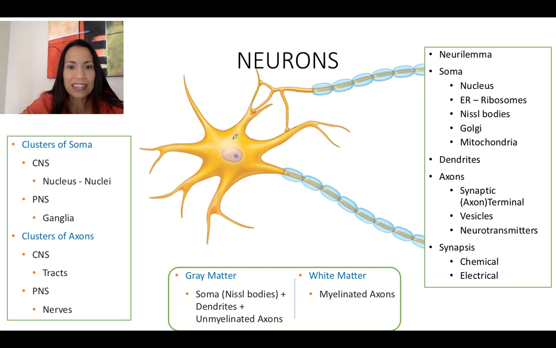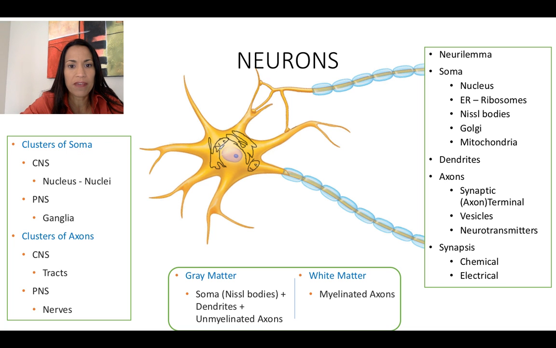Now, inside in the cytoplasm, we are going to find the nucleus like any other cell. We can also find other organelles like a lot of mitochondria. These cells have a lot of mitochondria. We have an extensive network of smooth and rough endoplasmic reticulum.